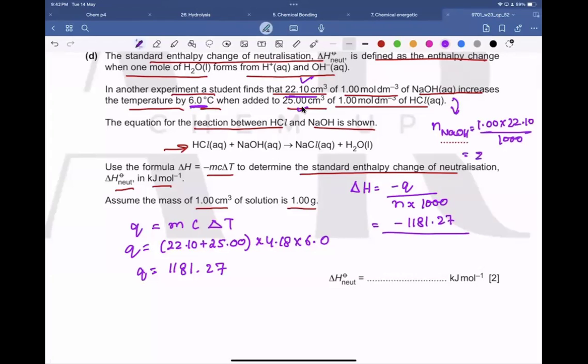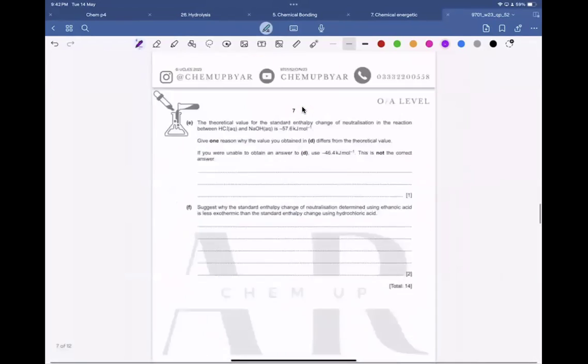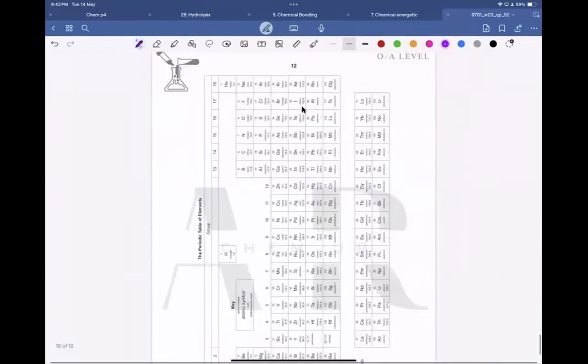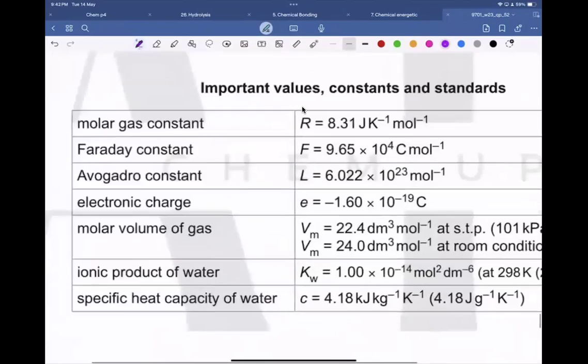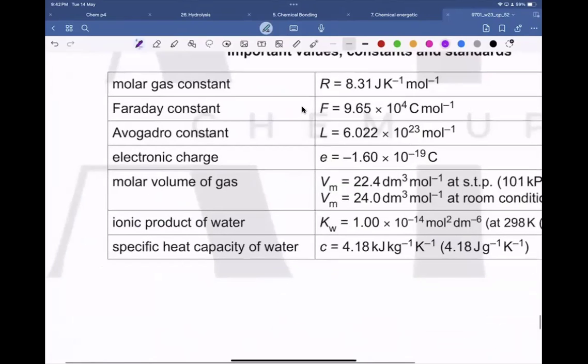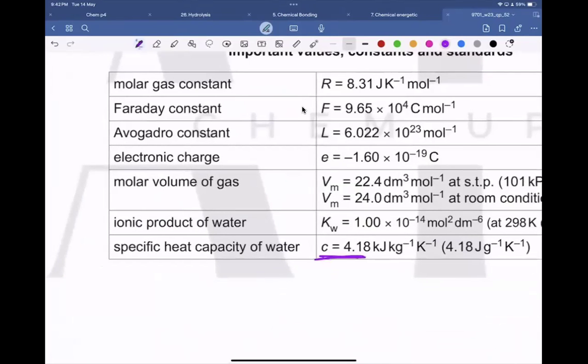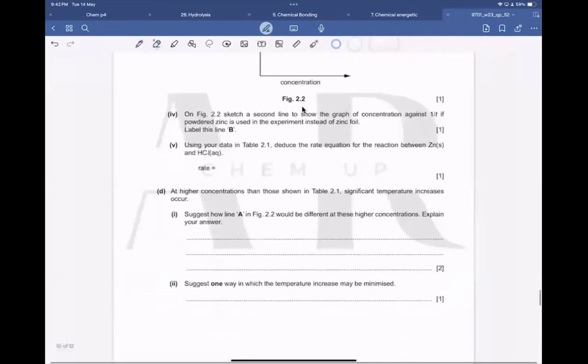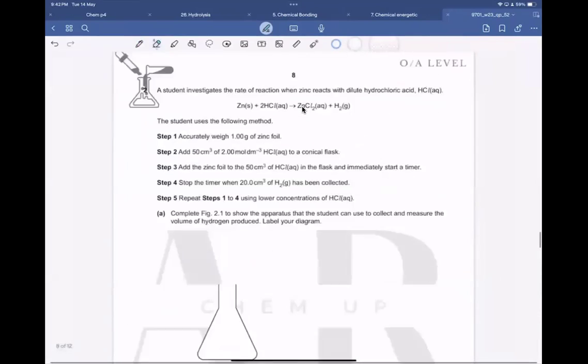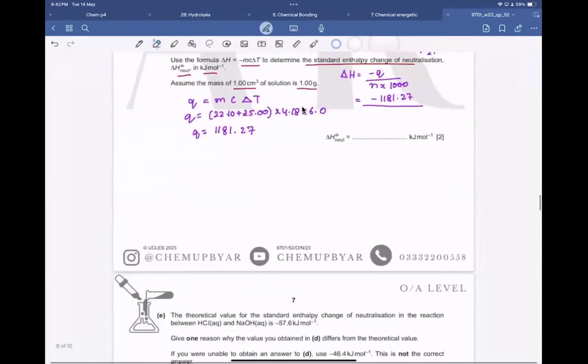You have to remember this formula. You have studied this formula in your AS level.